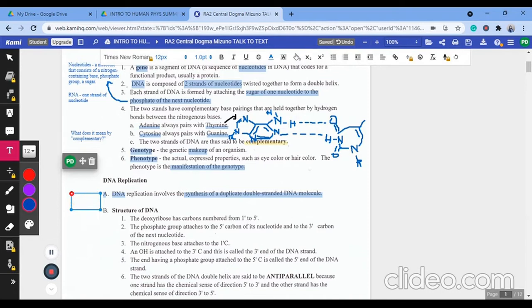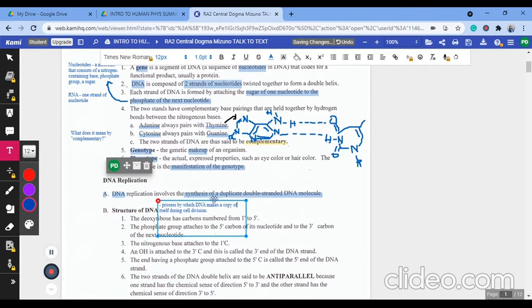So I'm going to put that meaning right here: DNA replication, process by which DNA makes a copy of itself during cell division. I'm just going to put it right here at the bottom.